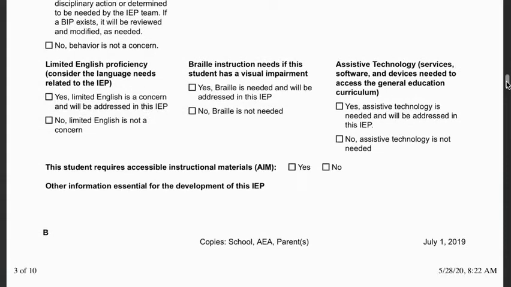We have not had many students with assistive technology, but if your student does have assistive technology, we will give you more training on what technology and what that looks like for them.